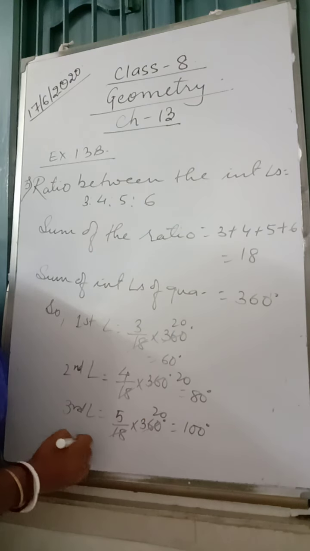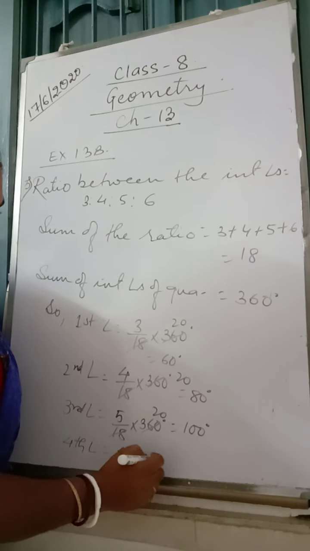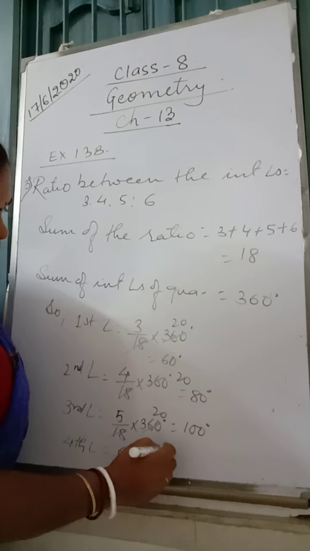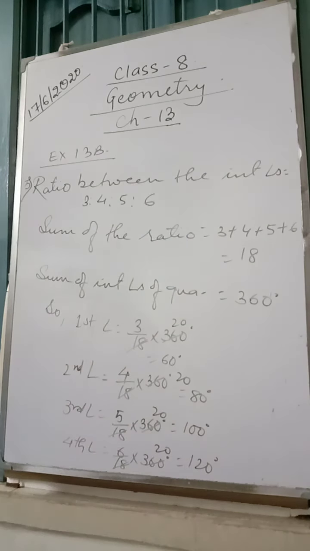And the fourth angle is 6/18 into 360 degrees, which is 120 degrees. Like this we solve, we get the angles of the quadrilateral. Okay.